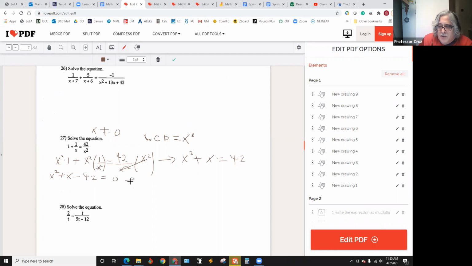So that's x plus 7 times x minus 6. Just to save time, x is equal to negative 7, x is equal to 6. Neither of which are 0, so both of these are fine.